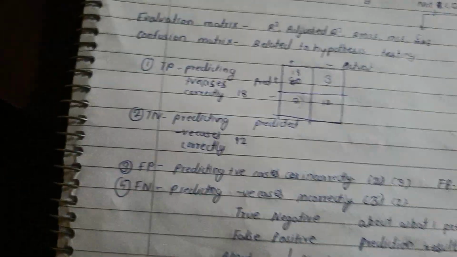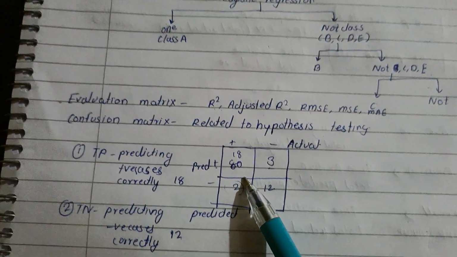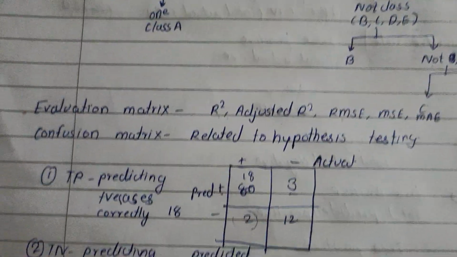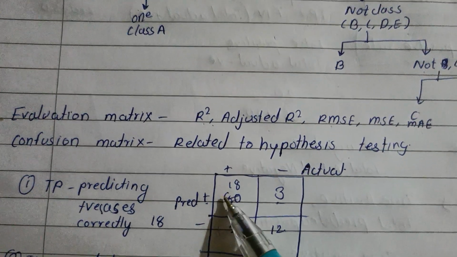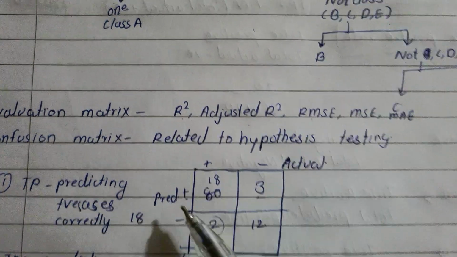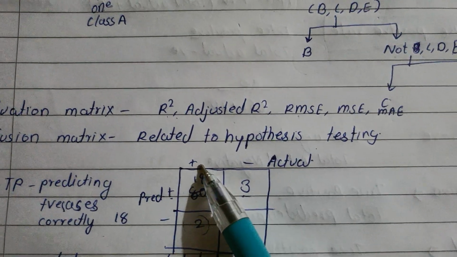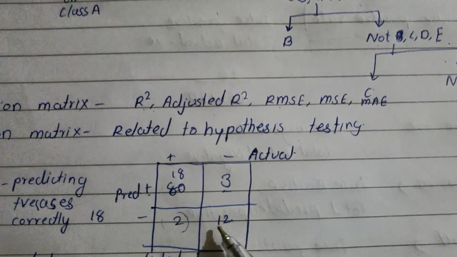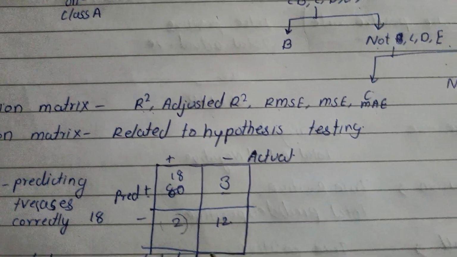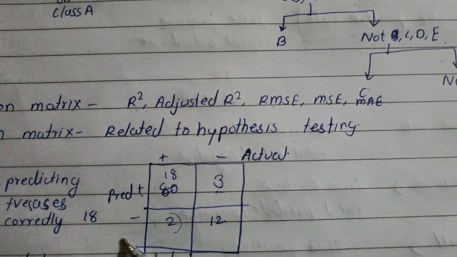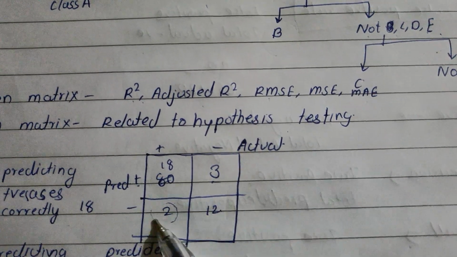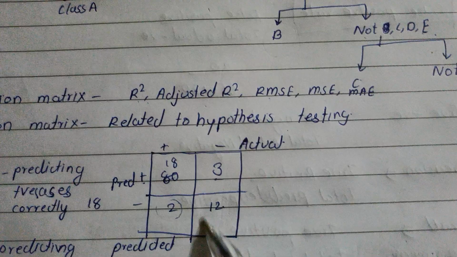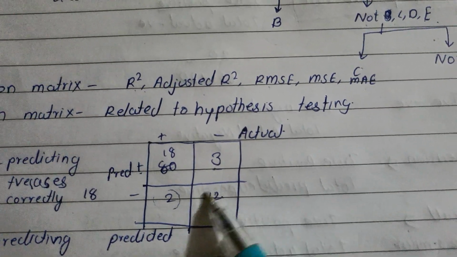Okay, so here is the confusion matrix which we have given over here. You can see that 18 values are predicted as positive, and actually they are also positive. So that is our true positive case. The true negative case is over here, where you can see that the prediction is negative and actual is also negative. So this and this intersection, that is 12 values, basically comes under true negative.